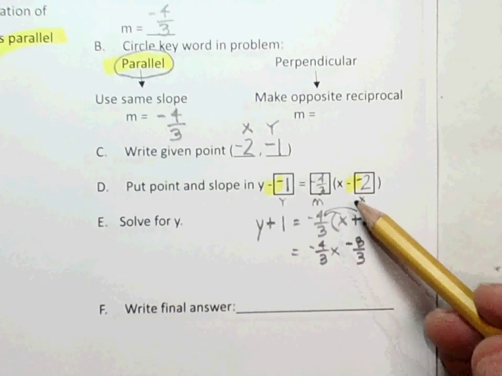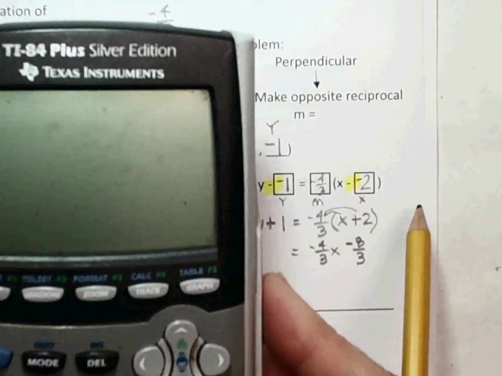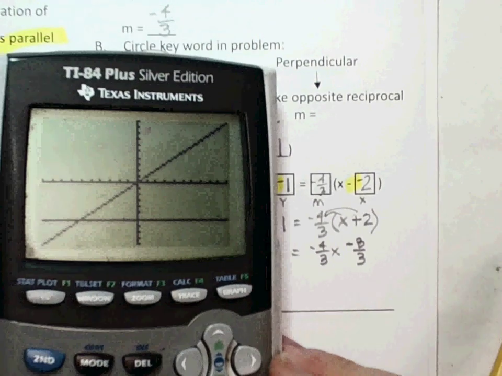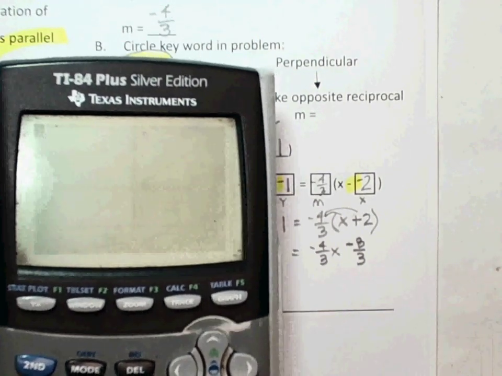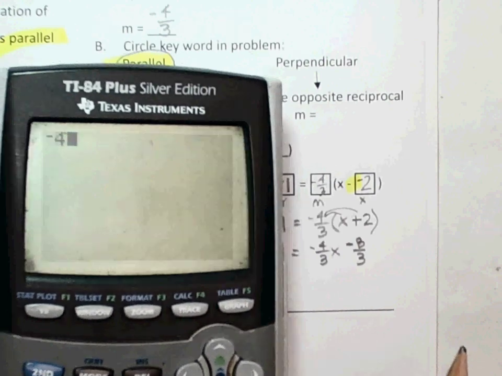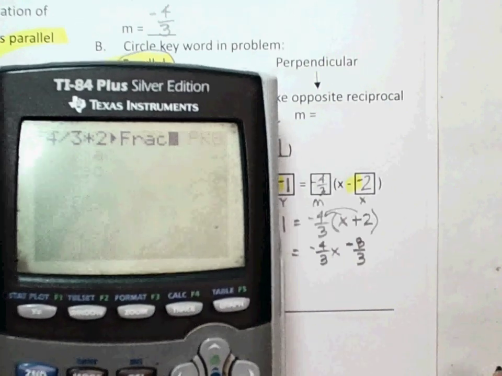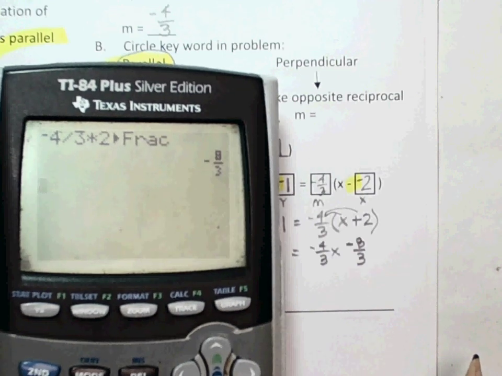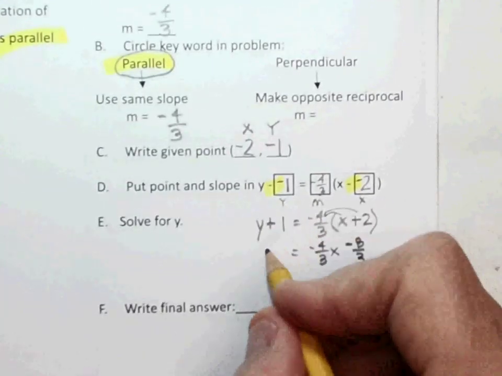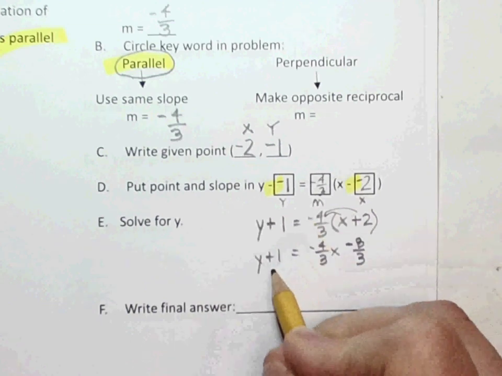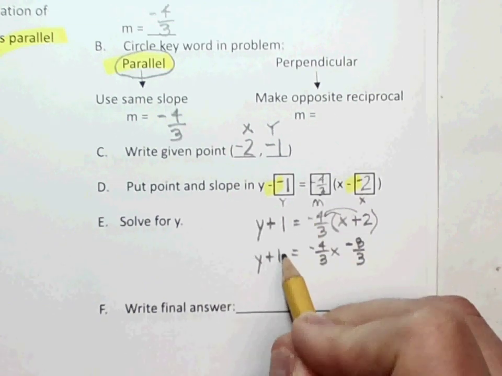Okay, -4/3 times 2. See if we can't do that real fast here. -4/3 times 2, math, enter, enter. Yeah, I was right. All right, and the last step is to move the 1. It's a +1 on the left.